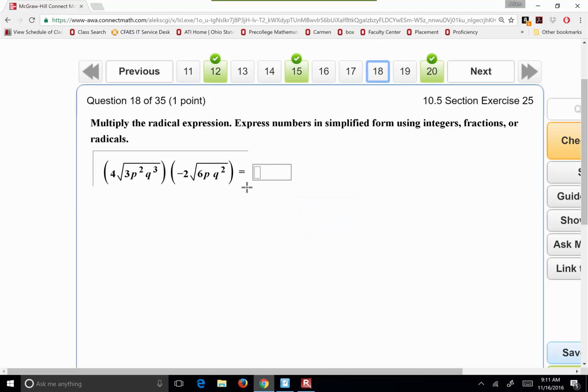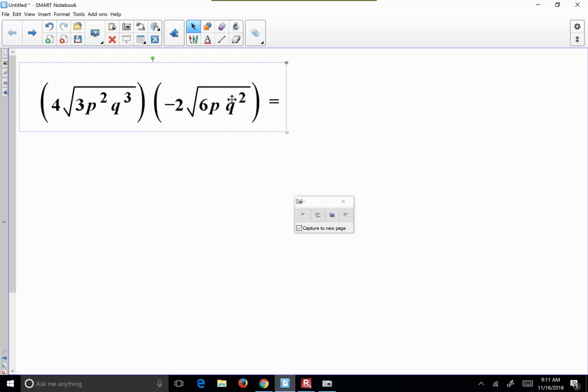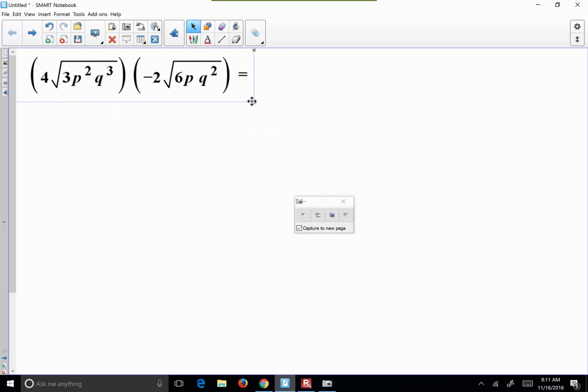So here's our expression. I will first combine everybody under the same roof. Meanwhile, I will also multiply the three guys outside. So 4 times minus 2 is minus 8.